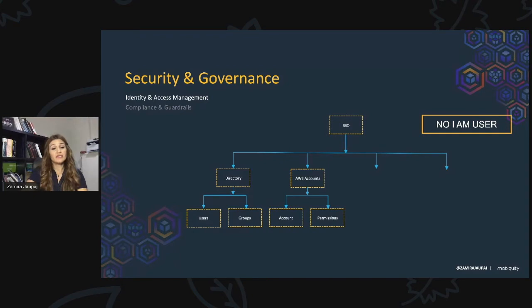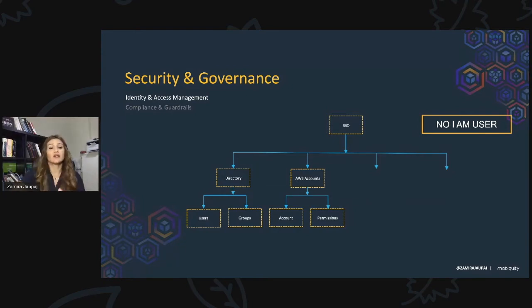Another capability of single sign-on is the list of AWS accounts. You can have as many accounts as you want in the URL, and you can add permissions for the people, the groups, or maybe the roles to that account. Let's say I have an operations person who needs permission only in production and probably in another account as well.